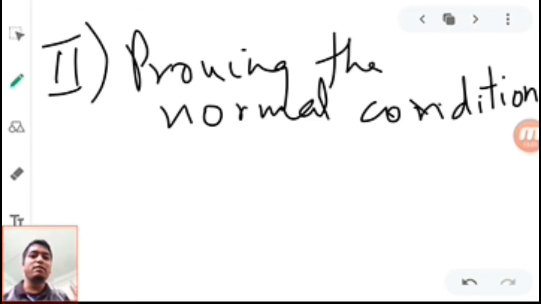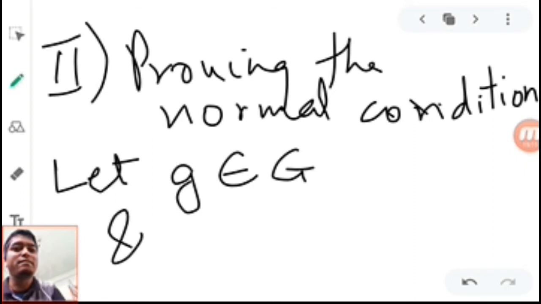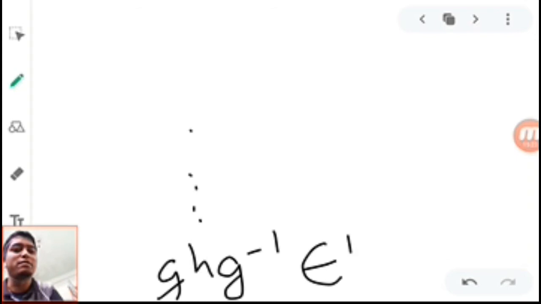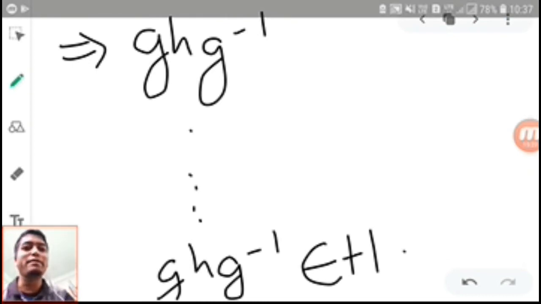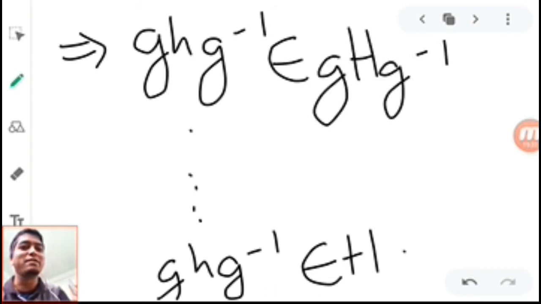So how will we do it? We'll start with: let g belongs to G and h belongs to H. After a few lines, we need to get g h g inverse belongs to H. Over here, g h g inverse, where does it belong to?